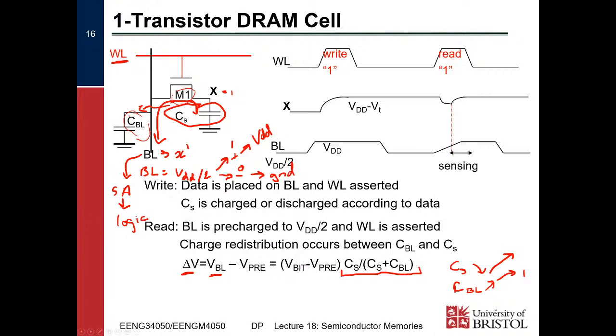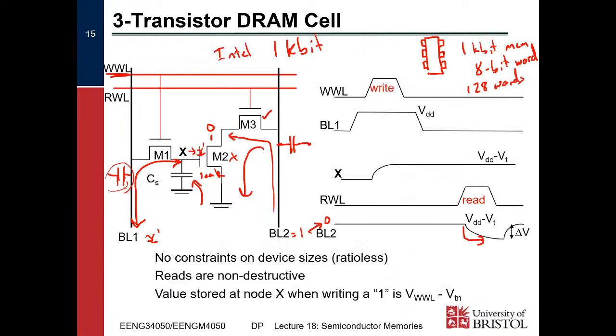Okay? So with a 1 transistor DRAM cell, when we read, we destroy the data on our storage node X, and so we need to rewrite that data every time we read it. That's the main difference between the 1 transistor and the 3 transistor.